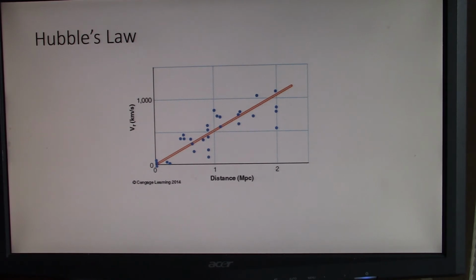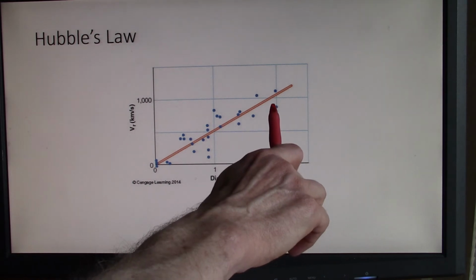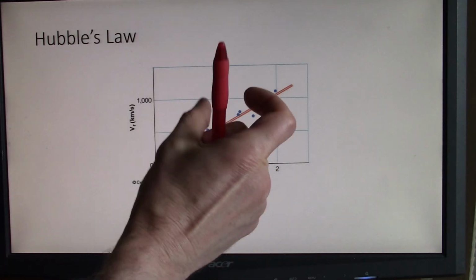That's very important. What that means is that we can look at the redshift. Remember we talked about redshift. Go look at my video on spectra. If you look at spectra 2, the second one on spectra, I talk about the Doppler effect, right? So you can measure the redshift of these galaxies here. They're greatly redshifted, and they have a very great redshift.